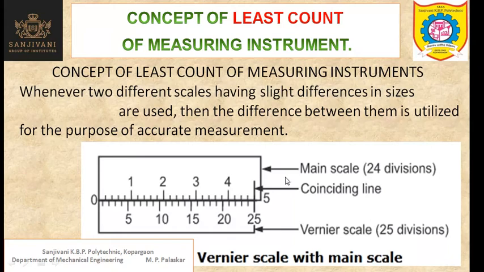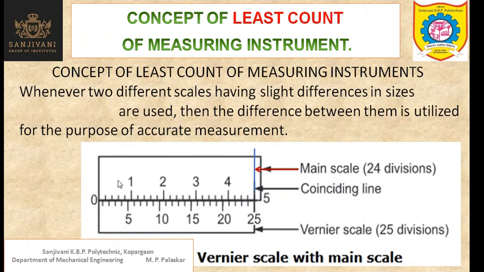Here you can see that 24 divisions of the main scale coincide with 25 divisions of the vernier scale. This is the main scale and this is the vernier scale. The top scale is the main scale and the lower scale is the vernier scale.